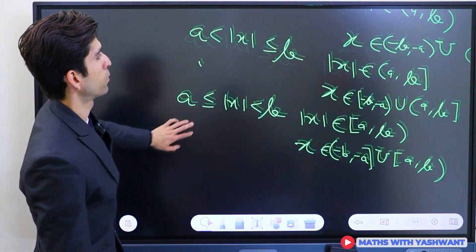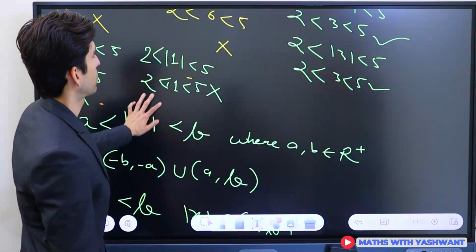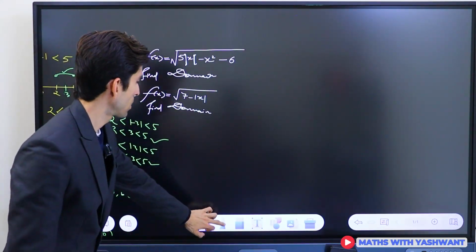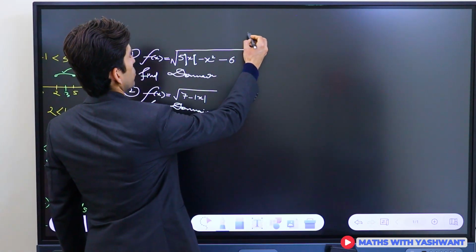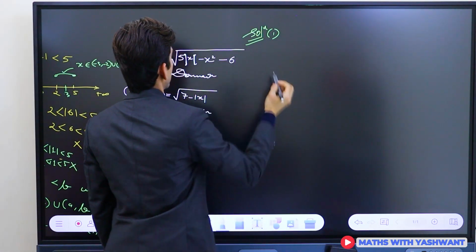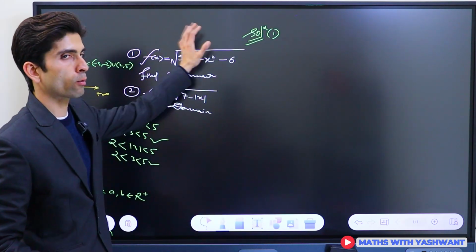So the first question we have, what was the question? Okay, so we have 5 mod x, solution of the first one. So we have 5 mod x minus x square minus 6. It's a square root expression.